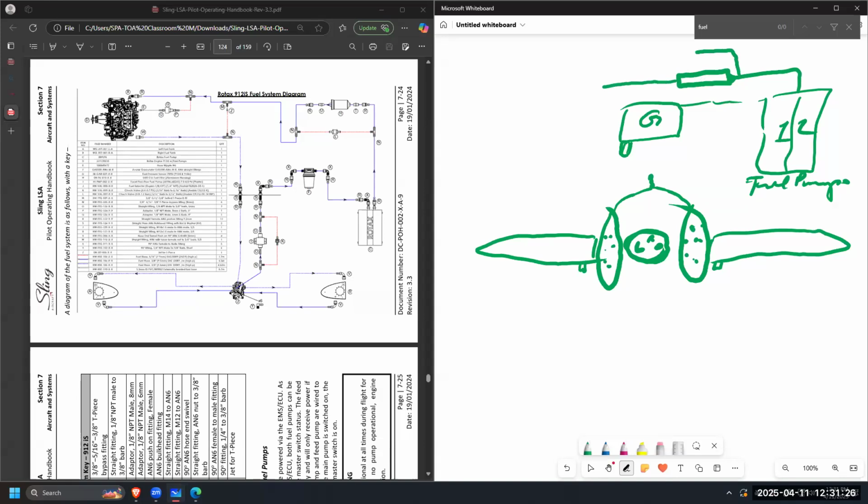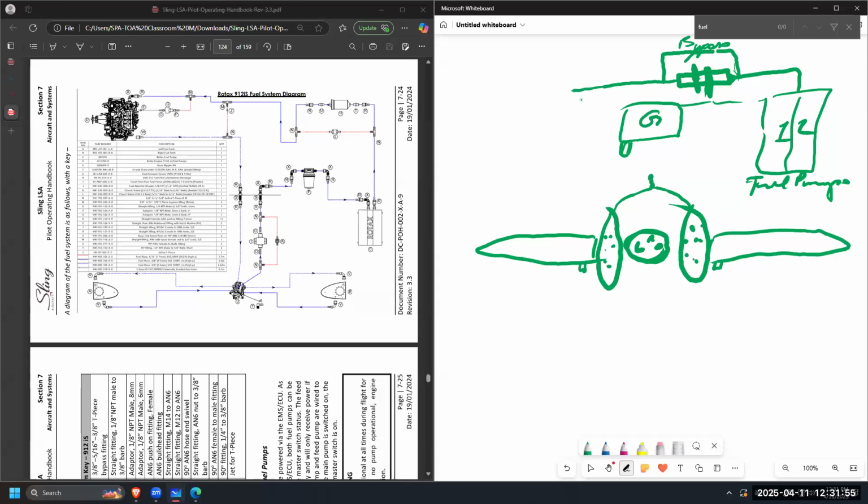And what is this little thing? It's a pressure bypass, so if the filter gets clogged, you will still get fuel pressure. Absolutely. It just bypasses at a certain PSI. So this is the so-called bypass. If this is clogged, for whatever reason, it will just walk its way around it and still provide fuel to the system.